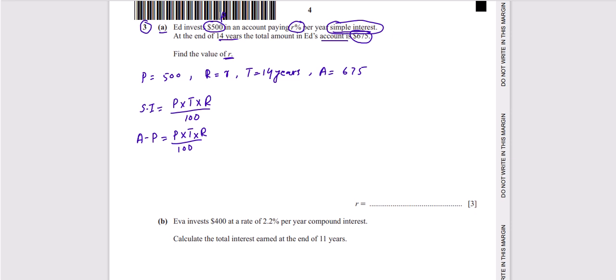What is A? The value of A is 675, minus P which is 500, is equal to P which is 500, multiply T which is 14 years, multiply R which is small r, divided by 100.